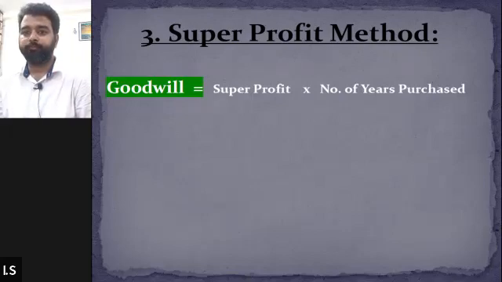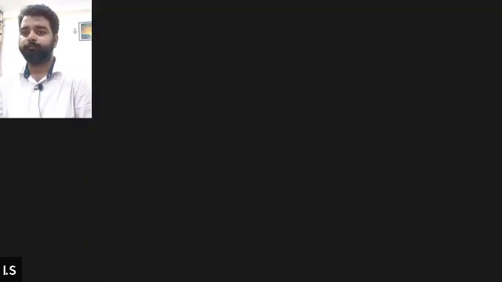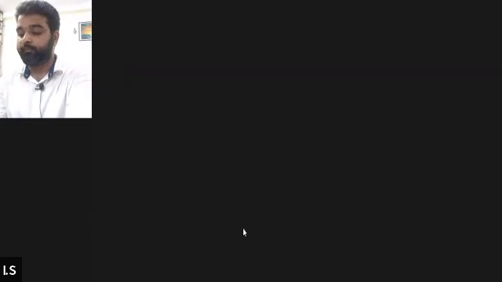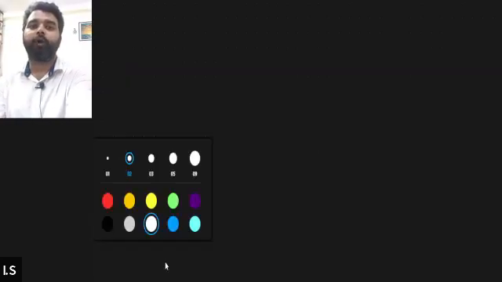If you remember, when we calculated goodwill by the average profit method and the weighted average method, we used to apply this formula.